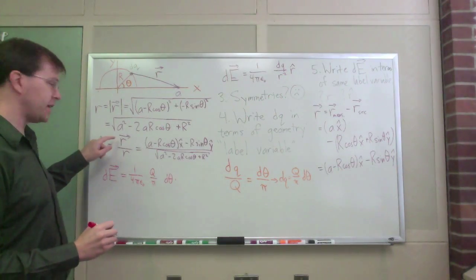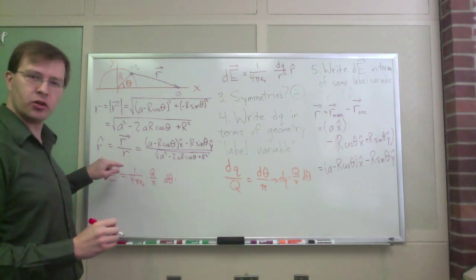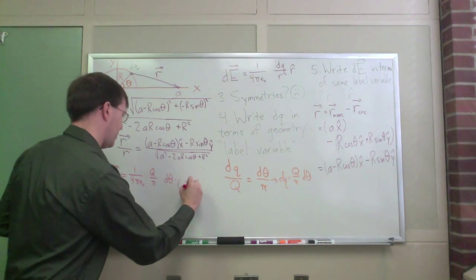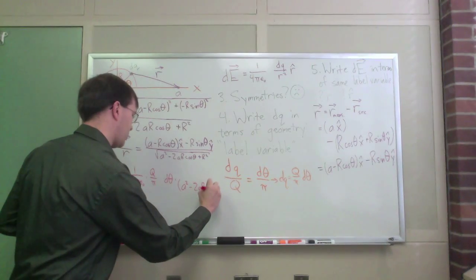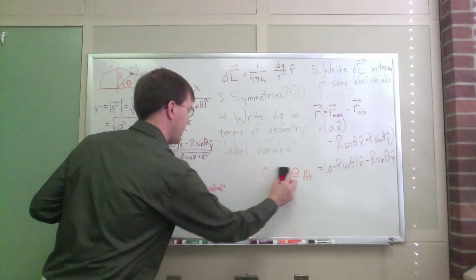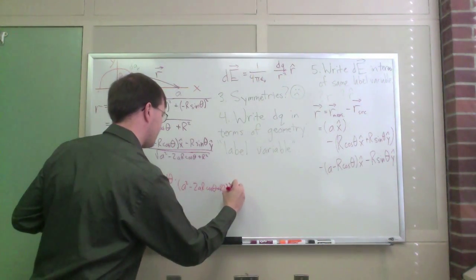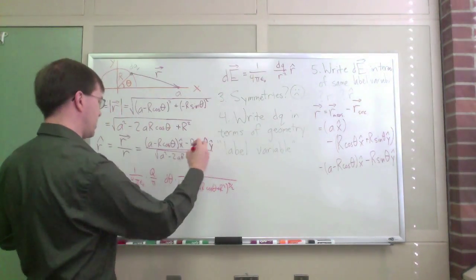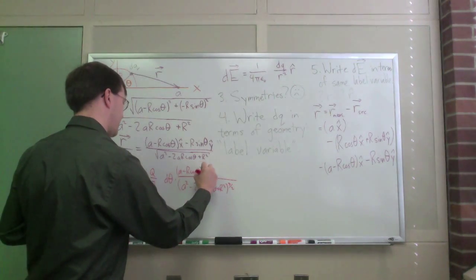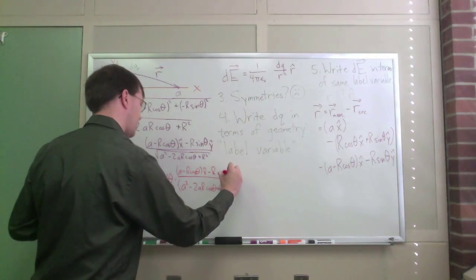Well, r hat was already r vector over r. So putting it all together, I get r vector over r cubed. So I can write this as a squared minus 2ar cosine theta plus r squared, that whole quantity to the 3/2 power in the denominator, and the numerator is going to be a minus r cosine theta x hat minus r sine theta y hat.